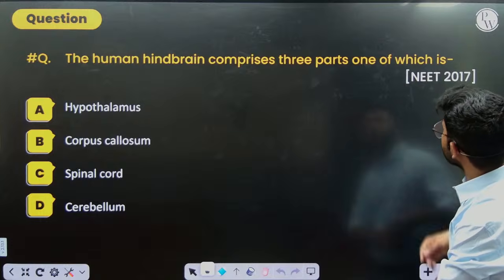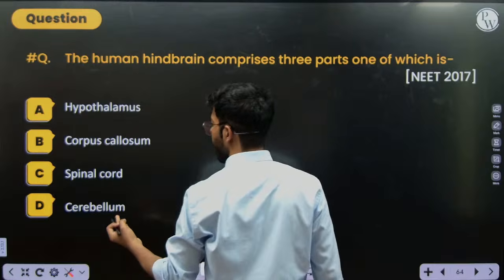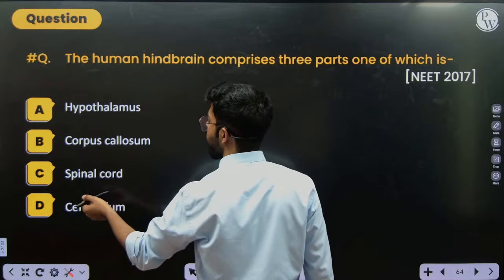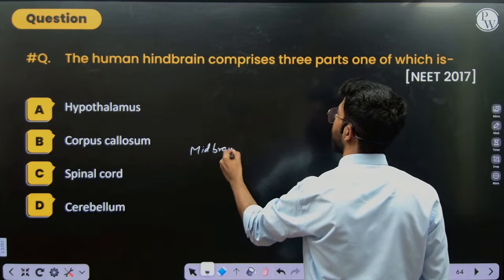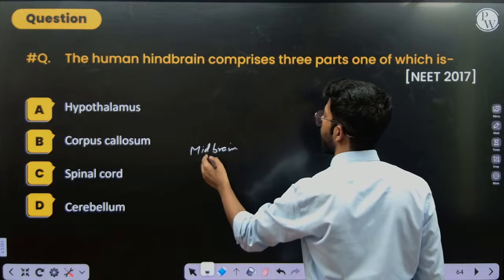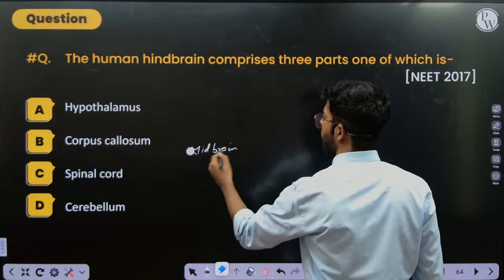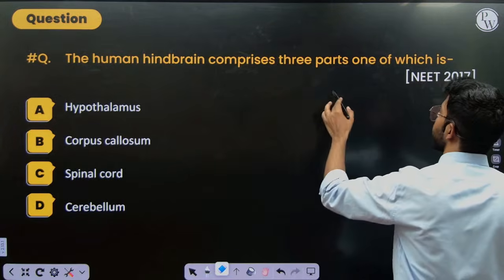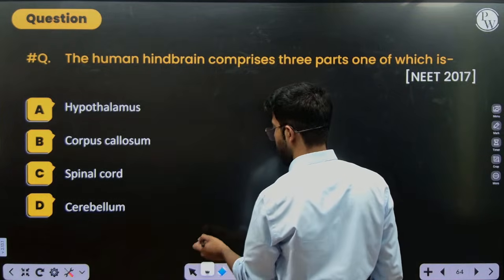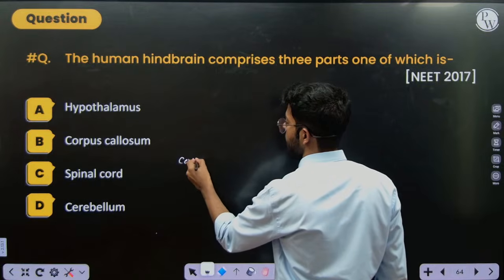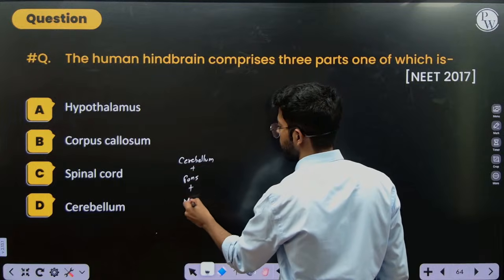The human hindbrain comprises three parts, of which one is the cerebellum, plus pons, plus medulla.